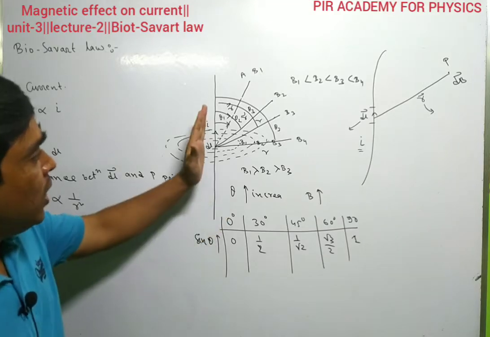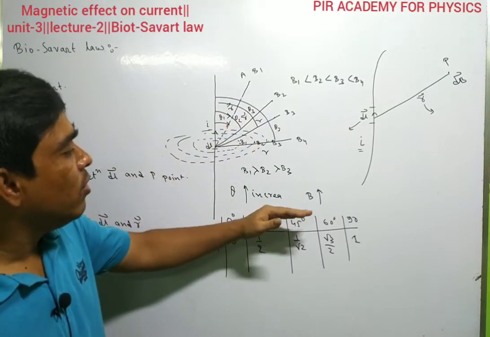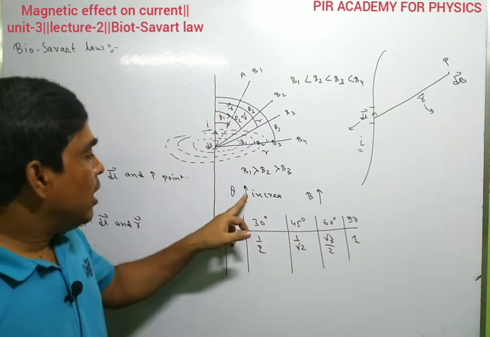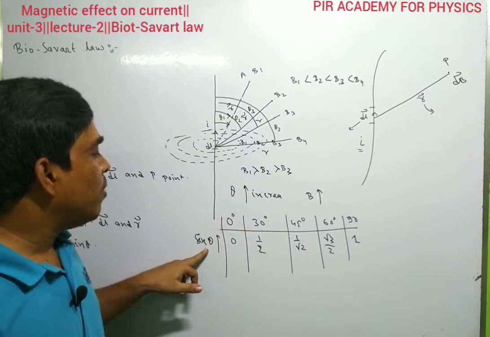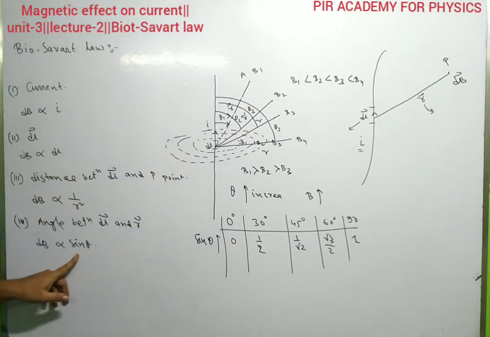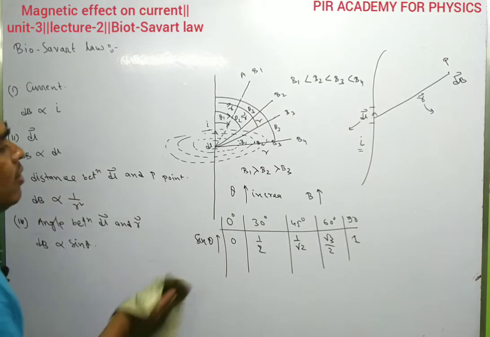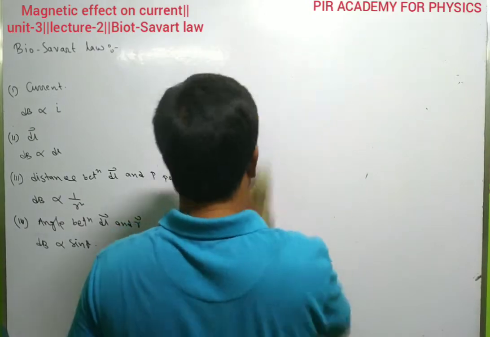So when theta is increased, the magnetic field is increased. If theta is increased, the value of sine theta will be increased. That's why we take sine theta. So here if I combine these equations, we can take the value.